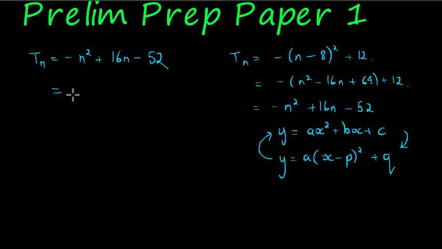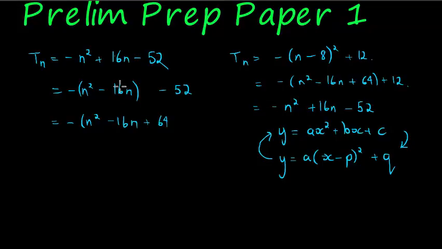So to complete the square, I would first take out whatever is in front of the n, which is negative 16n. I'll leave the negative 52 outside. Then inside the bracket, I add half of my middle term, which is 8 squared, which is 64.